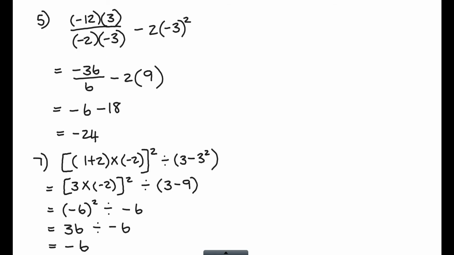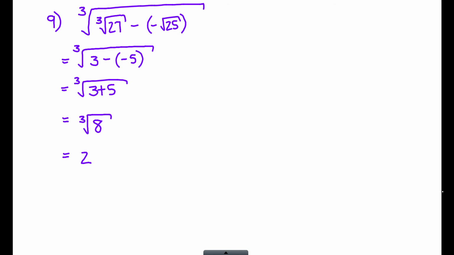And then 5, 7. Please look at all the steps. And then number 9, please let me know if there's any questions and I will let you know directly. Don't ask on the group.